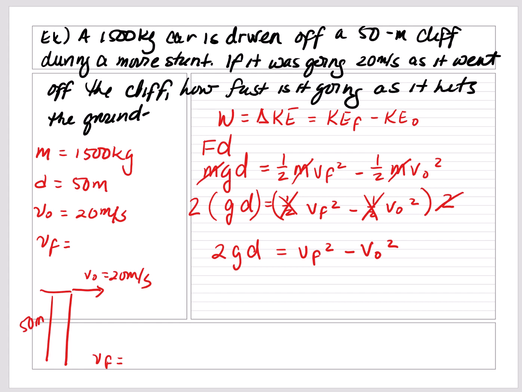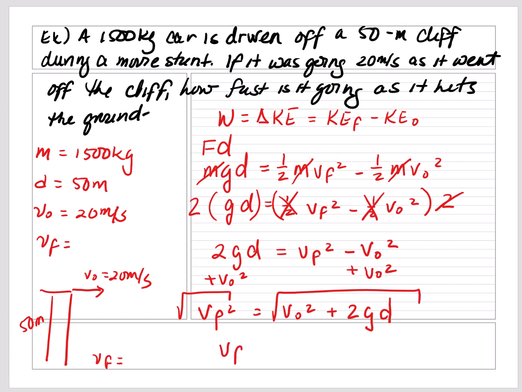And since I'm looking for v final squared, I need to move the v initial to the opposite side. Since it's subtracted, I need to add v naught squared to both sides. So when I do that, v final squared becomes v naught squared plus 2 g d, and then I have to take the square root.